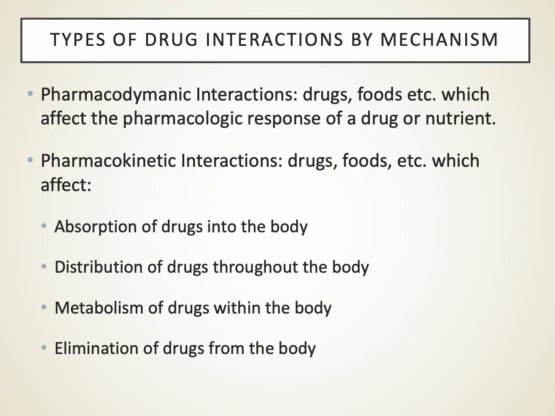There are different ways we think again of interactions, but again, dynamic versus kinetic interactions. And I think I explained that earlier on. Pharmacodynamic interactions, whether it's drug-drug, drug-food, drug-lab, whatever it is, interact at a receptor site.